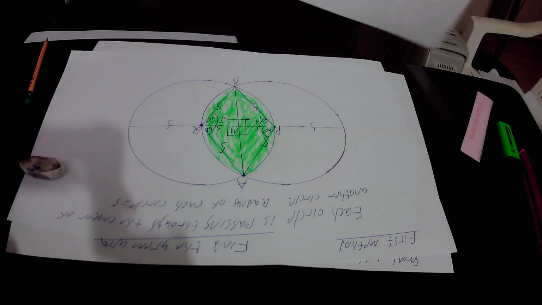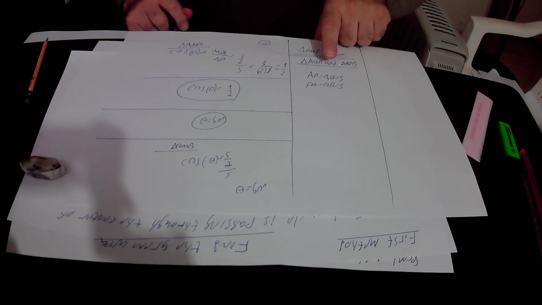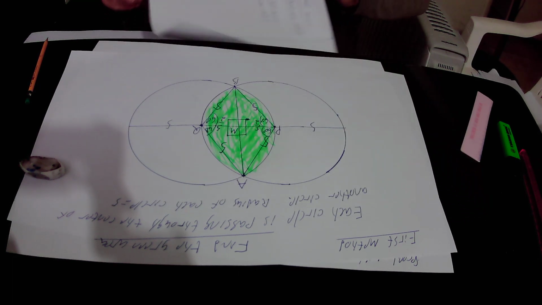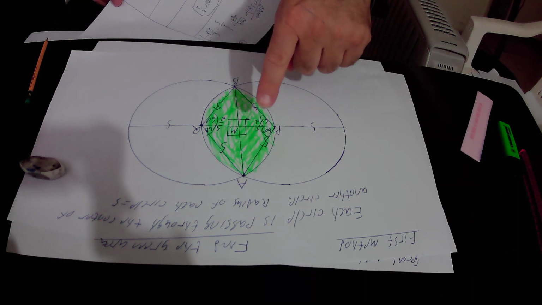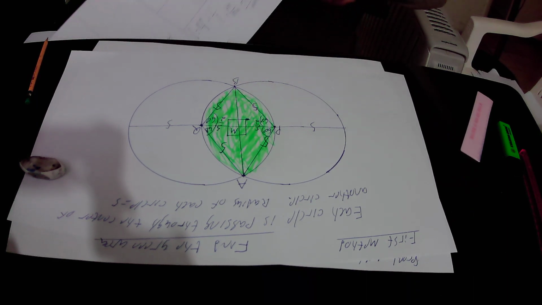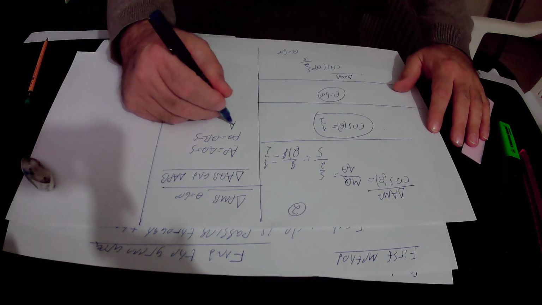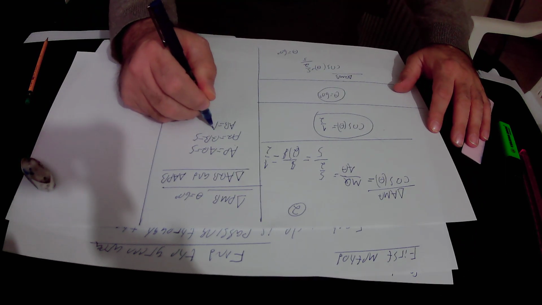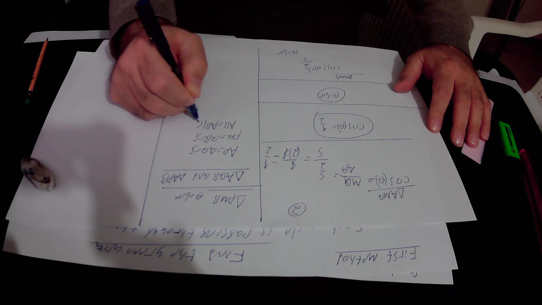Okay, PQ equals QB equals 5 units, and AB is a common side, it belongs to both triangles, so AB equals itself. AB equals AB is a common side that belongs to both triangles.